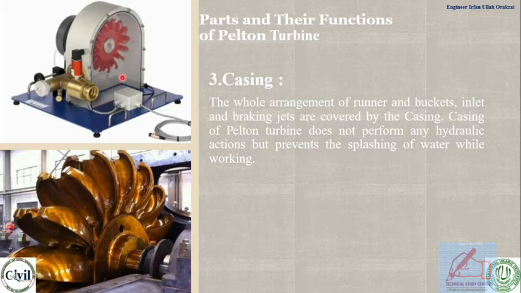The casing of a Pelton turbine does not perform any hydraulic function but prevents the splashing of water while working. Water comes from here, this is the inlet, there is a nozzle, and water comes here. If there is no casing, the water will splash here and there, so there will be a lot of disturbance.